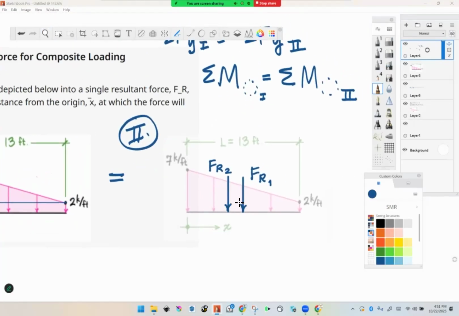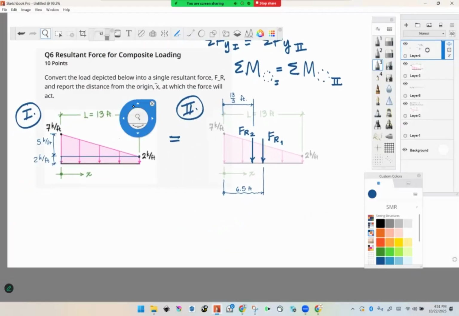F sub R sub 1, that one I know is located half of 13 from our origin. And F sub R sub 2, that one I know is located 13 thirds feet from our origin.